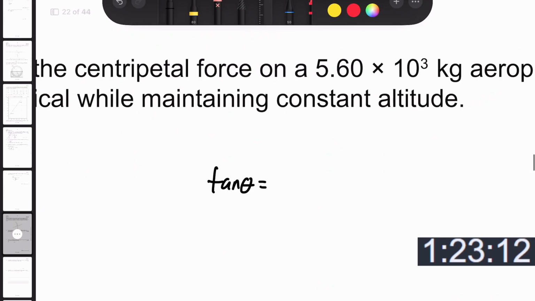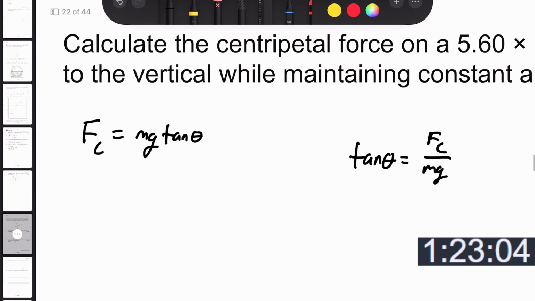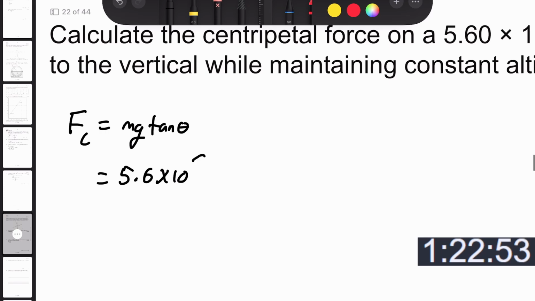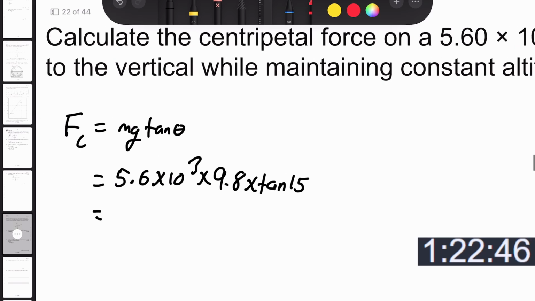Tan of theta equals FC over mg, so FC is equal to mg tan of theta. Then this is 5.6 times 10 to the 3 times 9.8 times tangent of 15. F of C is 1.47 times 10 to the 4 newtons.